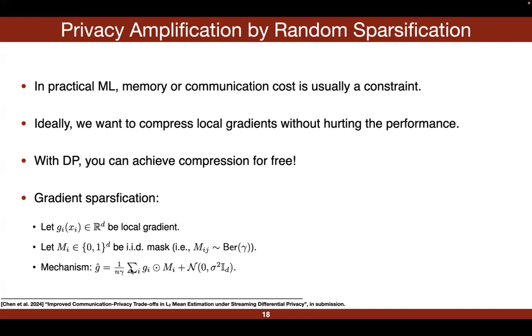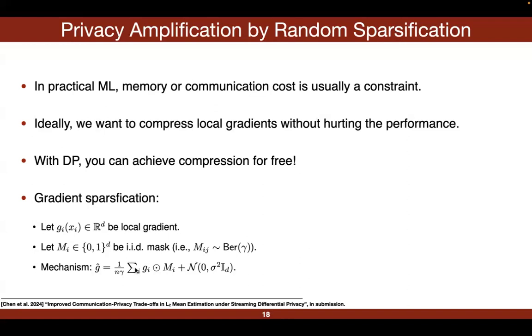Then the mechanism is as follows. We randomly sparsify each local gradient according to mask M_i, then we compute the average, and then we add Gaussian noise. And it turns out that with this approach, you can amplify differential privacy.